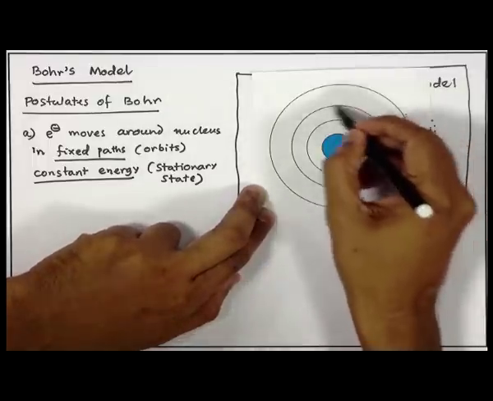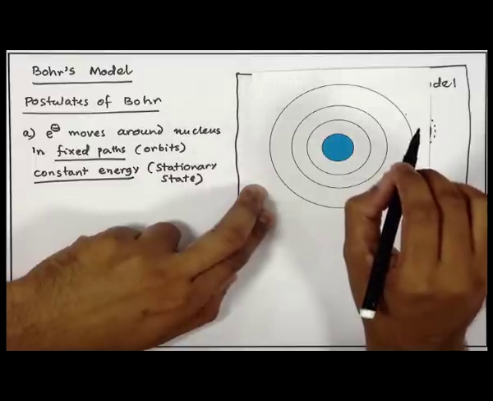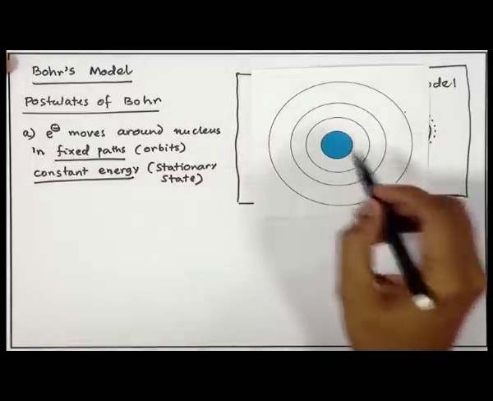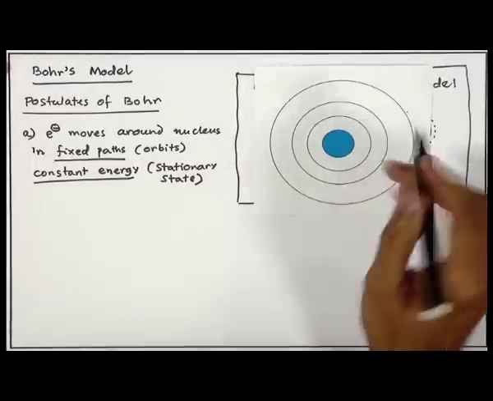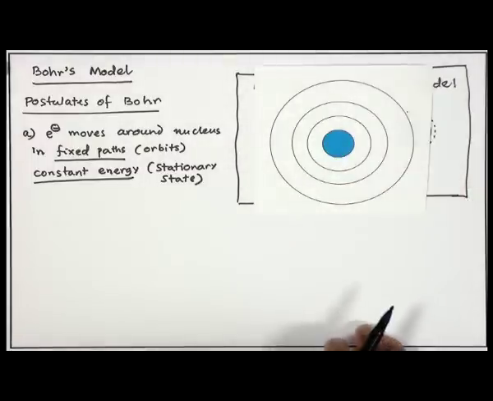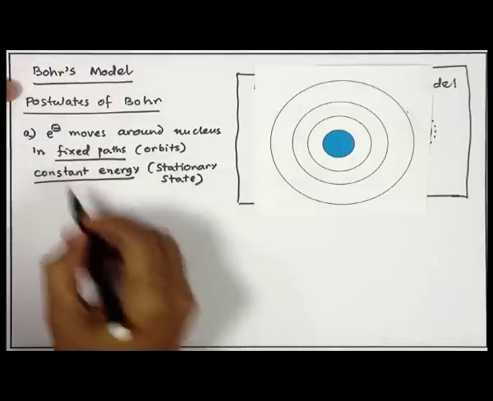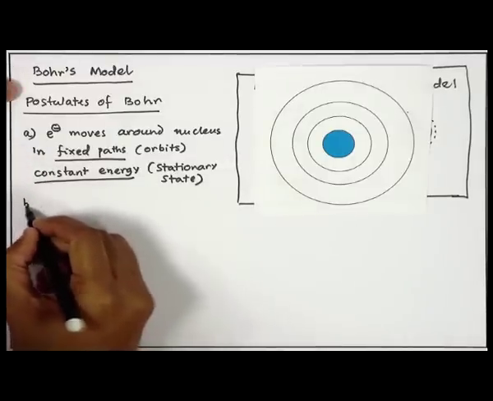But as long as the electron is in a particular orbit, it has a constant energy, and since it has a constant energy, the collapse of the electron onto the nucleus that arose in Rutherford's atomic model disappeared, because of this definition that Niels Bohr postulated.